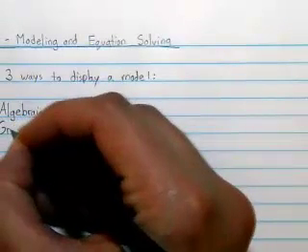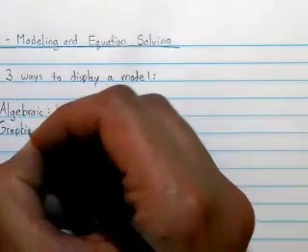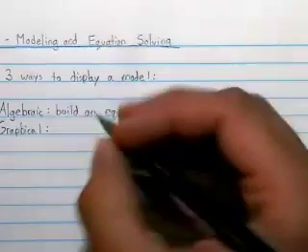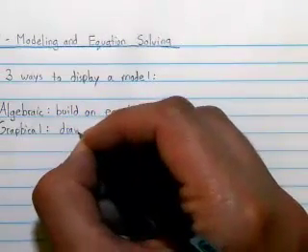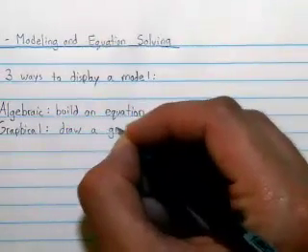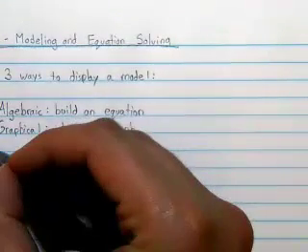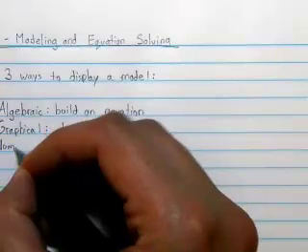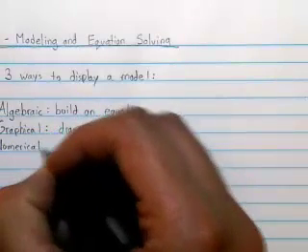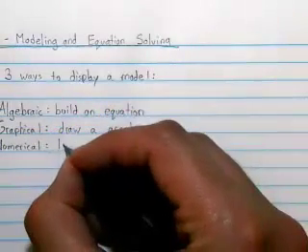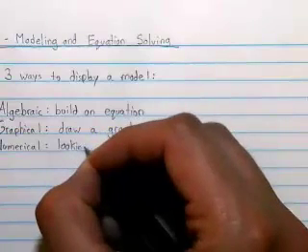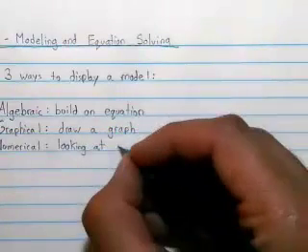Another way would be graphical, which would be to draw a graph showing the relationship that you're talking about. And the third way is numerical. And that would be just looking at data in a table.